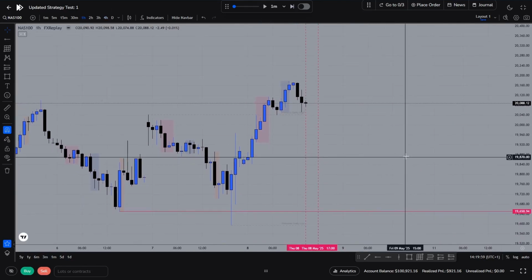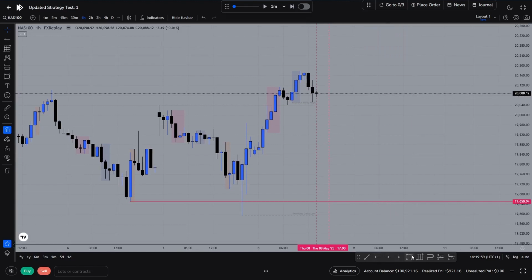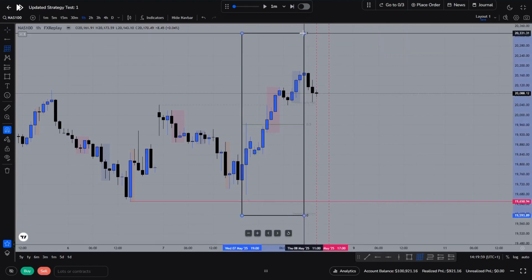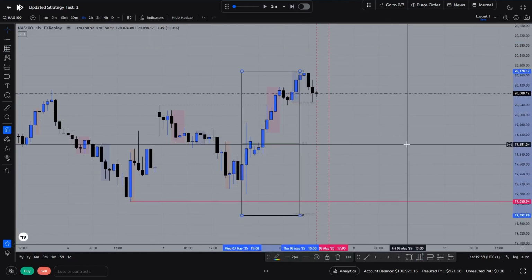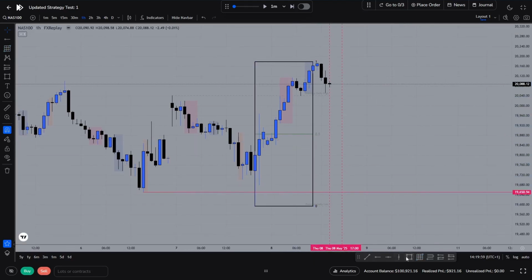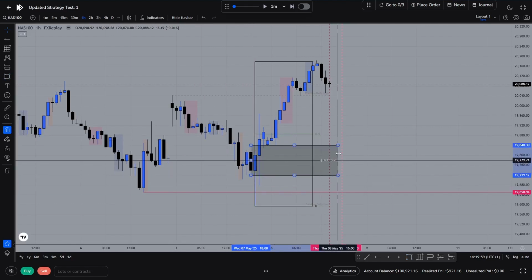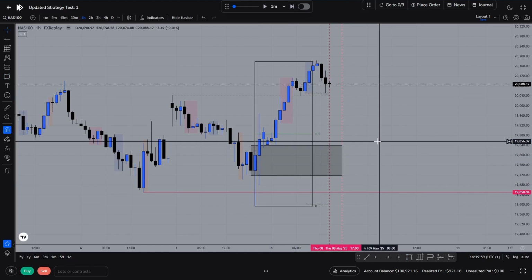Look at all these session lows. Second, equilibrium on this. Order block should be. I mean, candle's order block, isn't it? I'm not wrong.